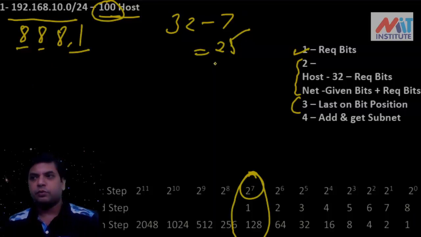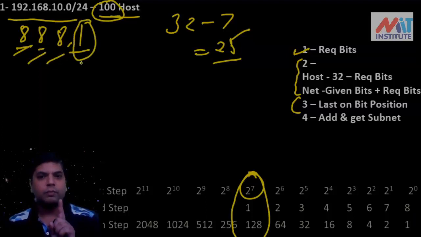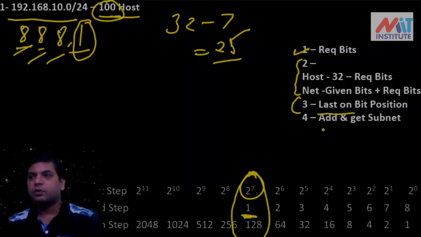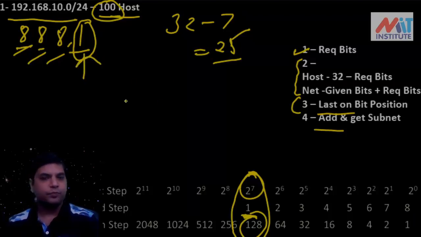So with 25 on bits, 8 in the first octet, 8 in the second, 8 in the third, and in the fourth octet one on bit, the position of the last on bit is the first place, so we need to add 128 in the fourth octet, because the last on bit is in the fourth octet.